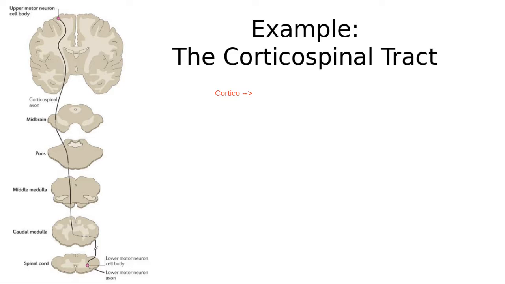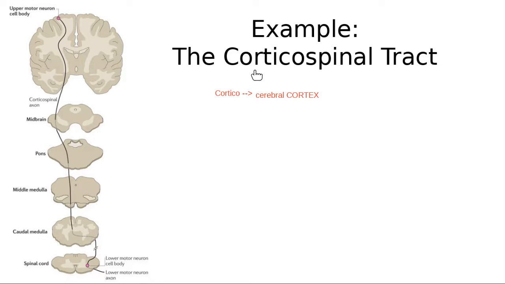What does cortico mean? Yeah, so cortico looks a lot like the word cortex. We talked about this in the brain chapter. The outside of the brain is called the cerebral cortex, the gray matter of the brain, the cerebral cortex.